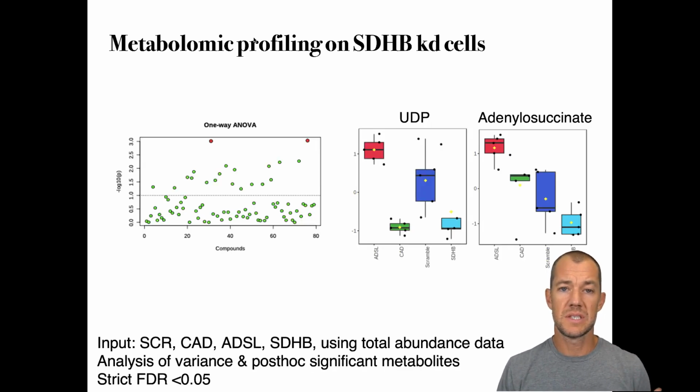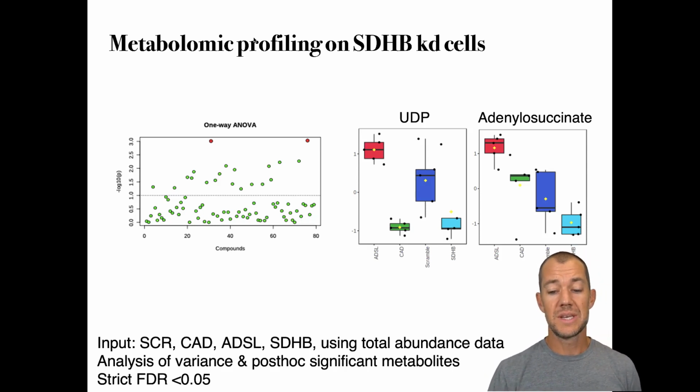Diving deeper into a statistical analysis revealed a few other metabolites that were different between our conditions. We can see that UDP and adenylosuccinate are also lower in the absence of SDHB compared to our scramble control.